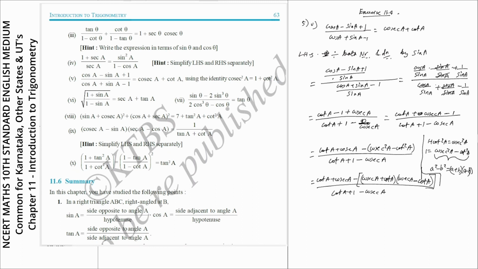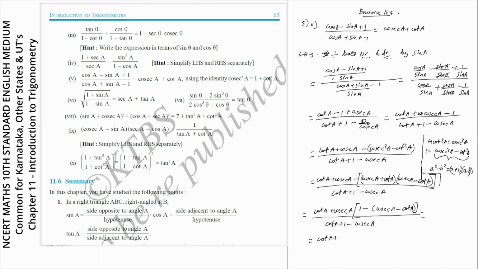Now this is equal to, now in the numerator cot a plus cosecant a I can take common. Cot a plus cosecant a I will take common, so I am left with 1 minus (cosecant a minus cot a). Denominator I'll write as it is, cot a plus 1 minus cosecant a. Now here again in the numerator I'll open the brackets.